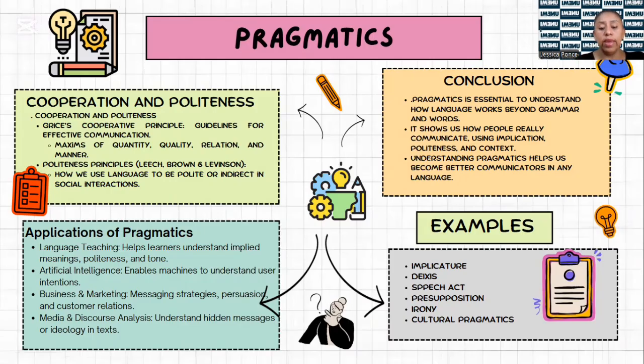Speech act theory, Austin and Searle. Speech acts are communication behaviors performed through language. When we speak, we are not just saying things, we are also doing things with words, such as promising, opposing, ordering, and warning.